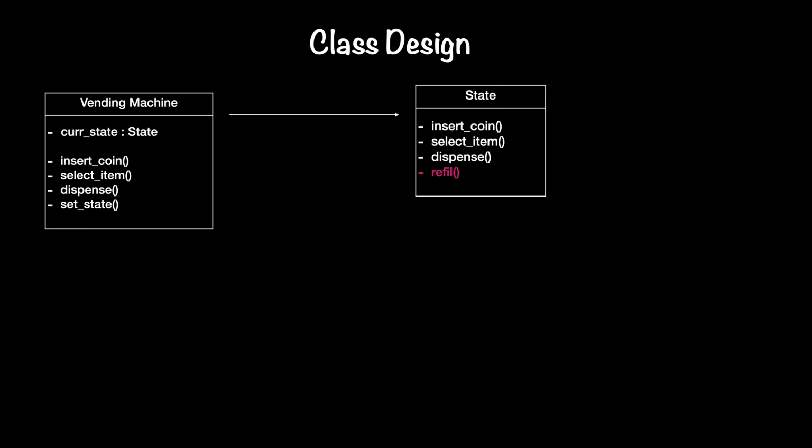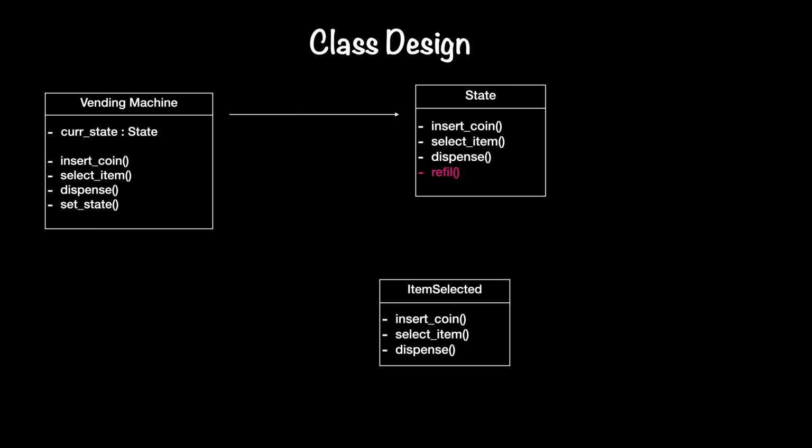It has a couple of methods, and look closely at the set state method. This method is the setter method for current state. And we have a state class. It has some methods like insert coin, select, and dispense.